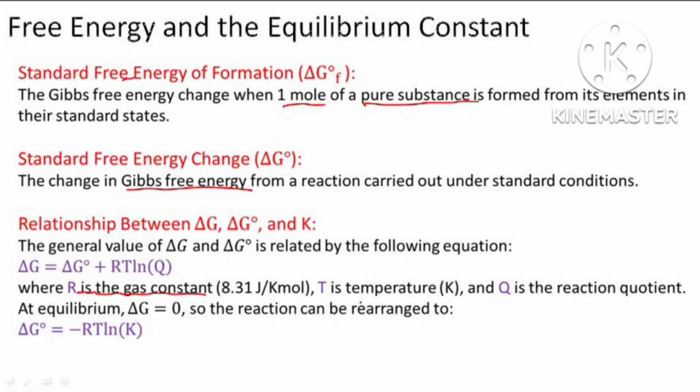Endothermic means delta H will always be positive, because heat is supplied, and heat may be supplied more also. In such a case, the value of K will be much smaller than 1.